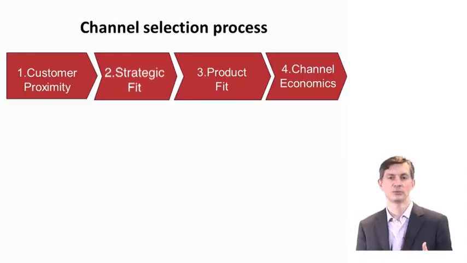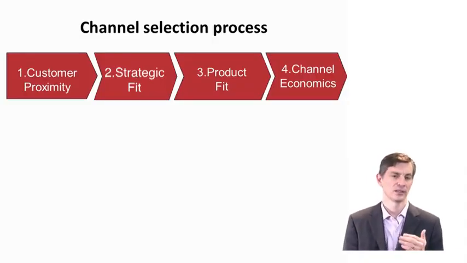So there has to be a strategic fit. If you're selling a high-end luxury product, then you should probably be trying to sell it through somebody that meets these particular needs. Same thing if you're positioning your item as a value item, then you may have other possibilities for how to distribute your product.